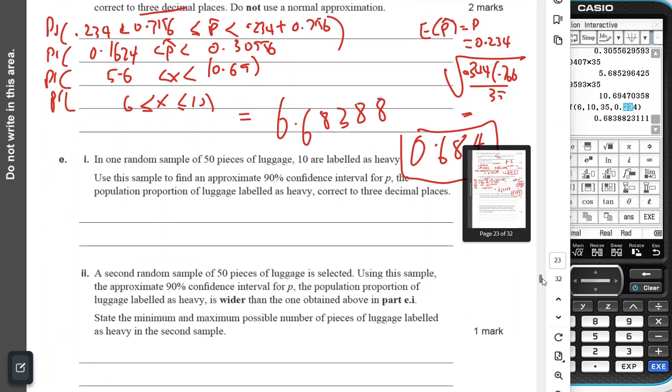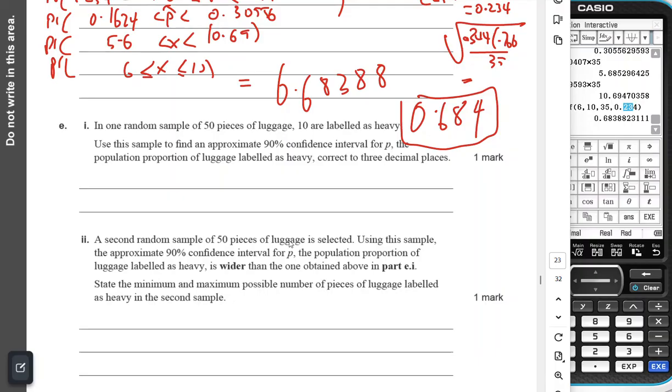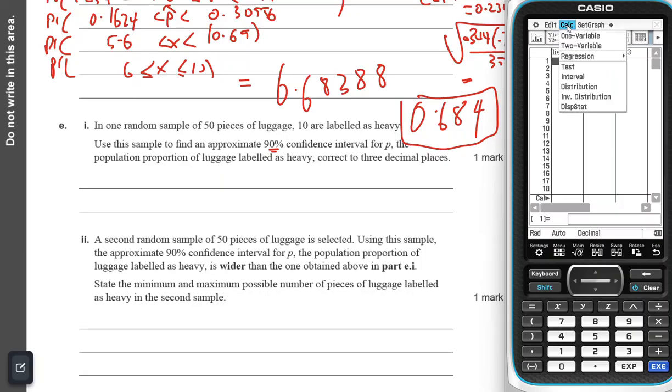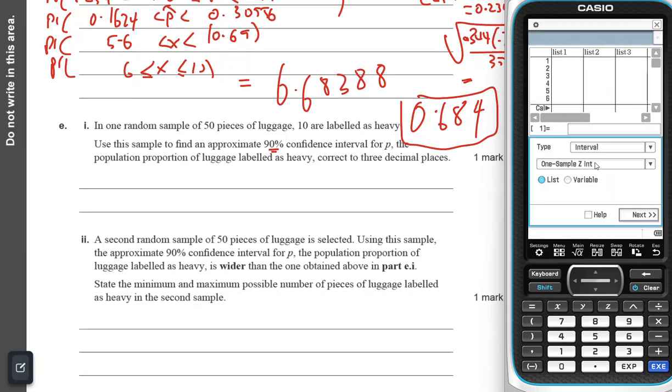Looking at part E, a random sample is heavy, 95% confidence interval. Okay, so what I'm going to do is jump into statistics, calculate interval. 1 prop Z, my C level is 0.90, X is 10, N is 50.